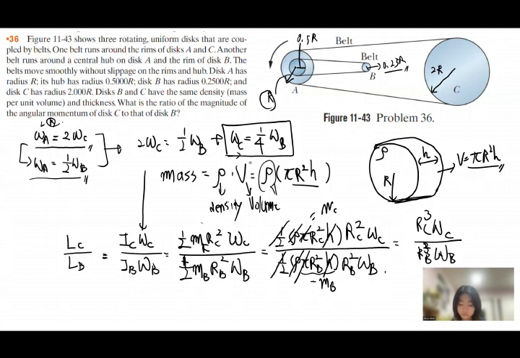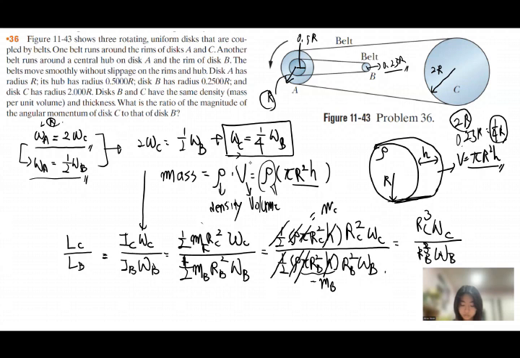So now let's take a look. R_C is 2R. And R_B is 0.25 R, which is 1/4 R. You can plug that into the formula.